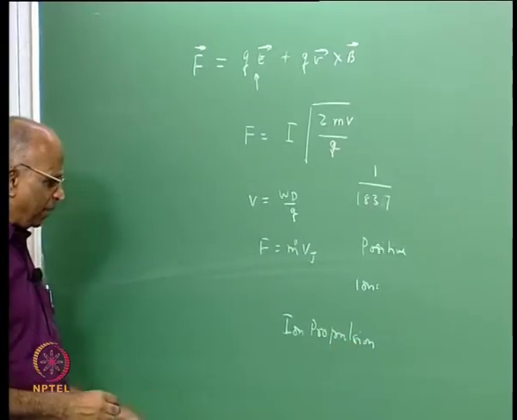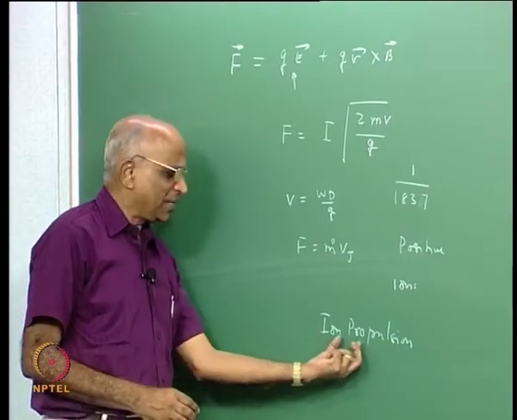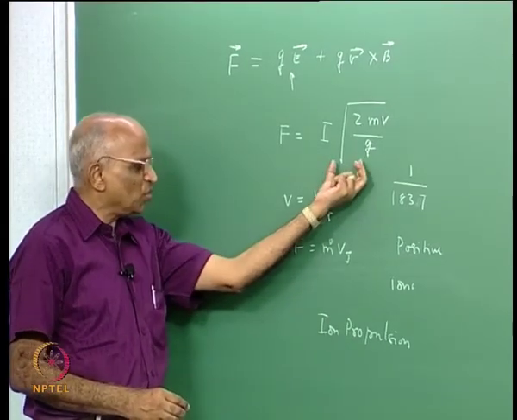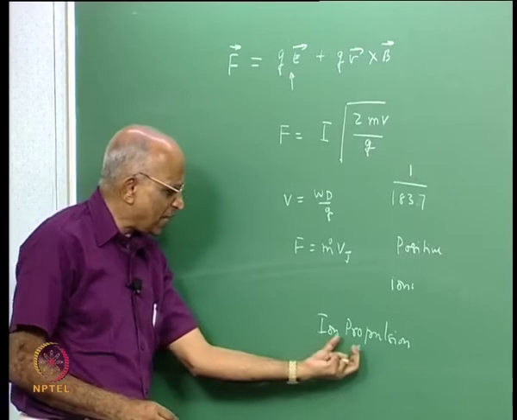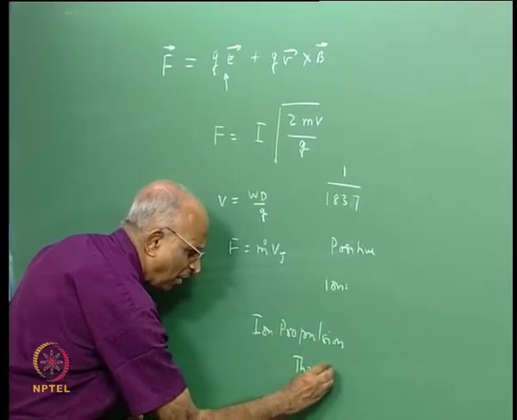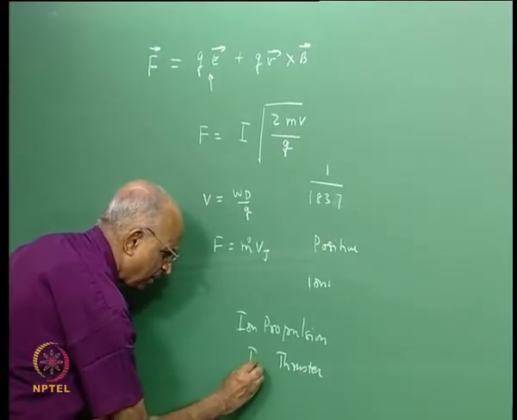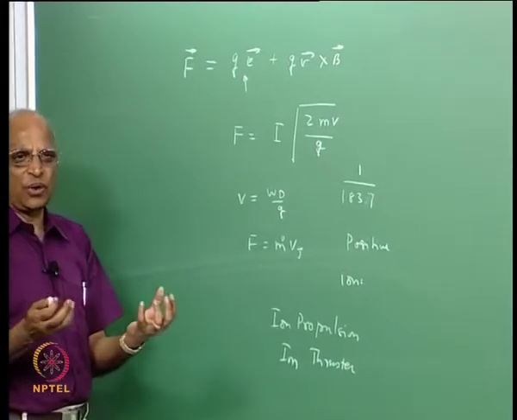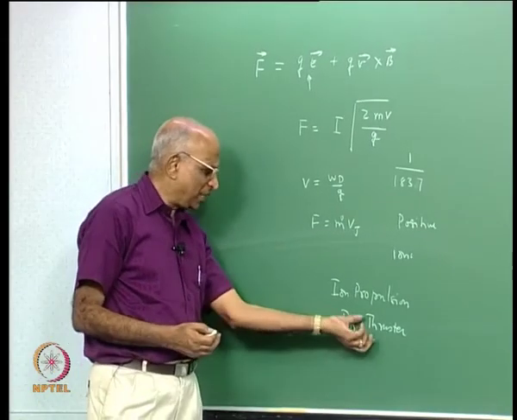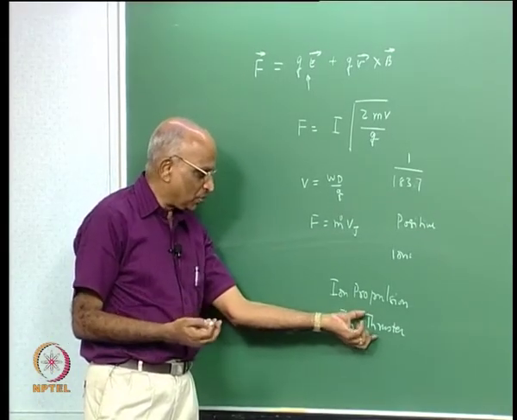At this point in time I will also tell you we call it an ion rocket, but the forces generated are so small that instead of calling it an ion rocket we call it an ion thruster, which generates some thrust. Therefore when we talk of low thrust rockets we call it a thruster instead of a rocket, but anyway you could call it an ion rocket, it depends on the person who uses it.